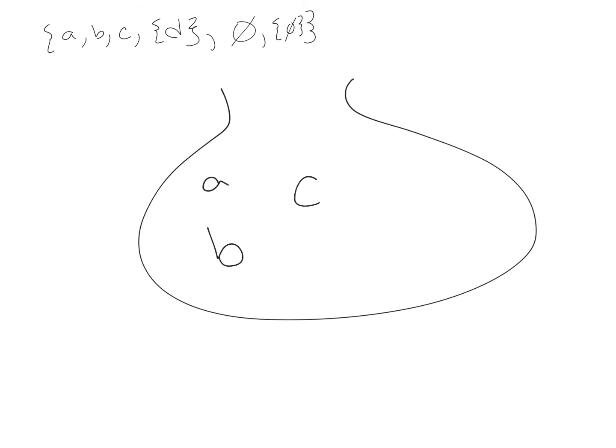And we have, what else? We have this D in a bag, right? So we need to make a new bag that has a D in it. And we have the empty set, so that's a bag with nothing in it. And then we have the set containing the empty set, that's a bag with an empty bag in it. So let's do this first one, which is just an empty bag.